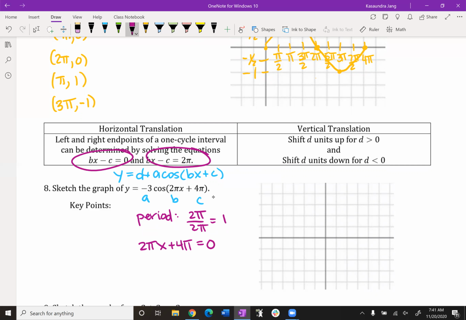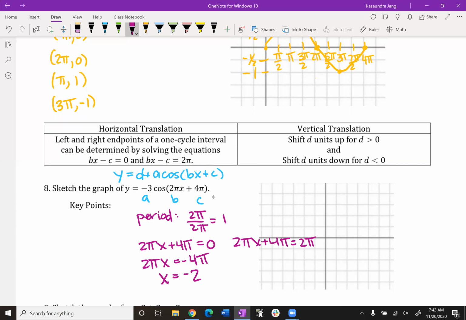And then I'm also going to have 2 pi x plus 4 pi equal to 2 pi. I'm doing both of these to figure out where this period is going to begin and end. So I will subtract 4 pi, and then divide by 2 pi.